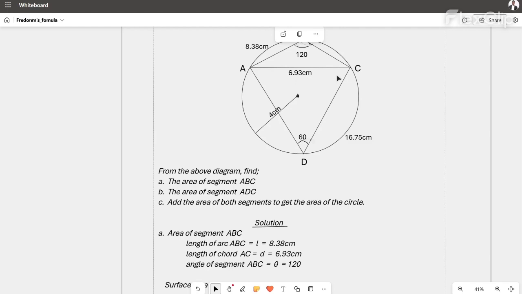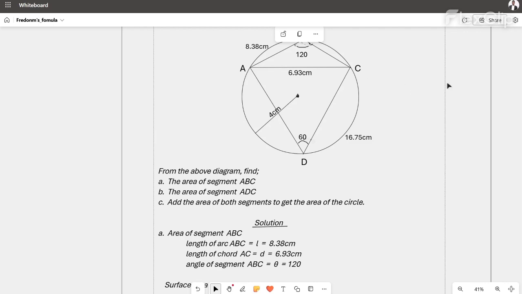But in this method, we used the same formula and got the correct answer for the area of each segment in this diagram, and that is Fredonm's formula for you.